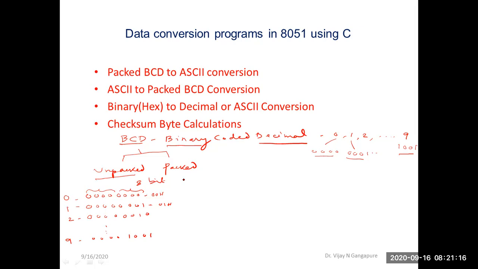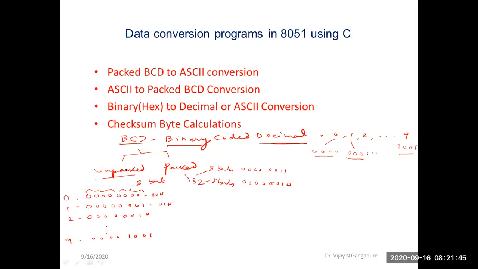Now suppose I want to represent 32 using unpacked BCD. For 3 we require 8 bits, and for 2 we require 8 bits. 3 is 00000011 and 2 is 00000010.